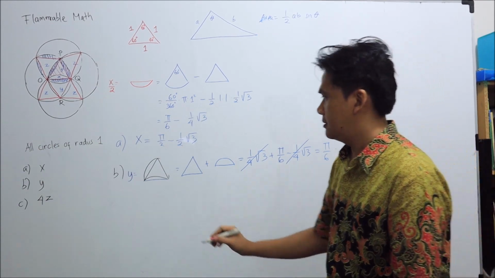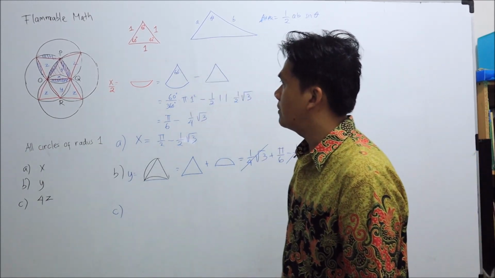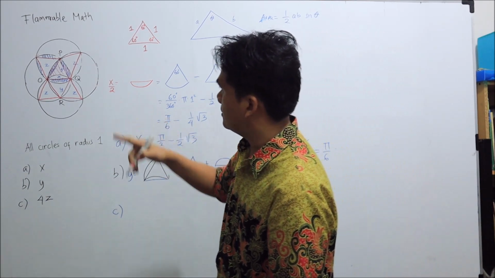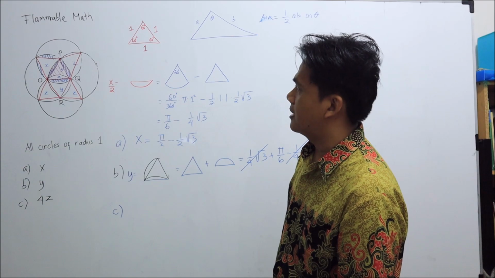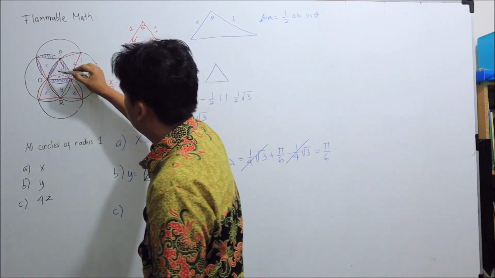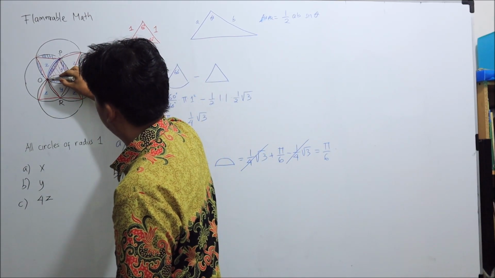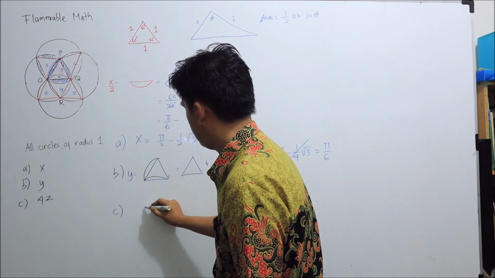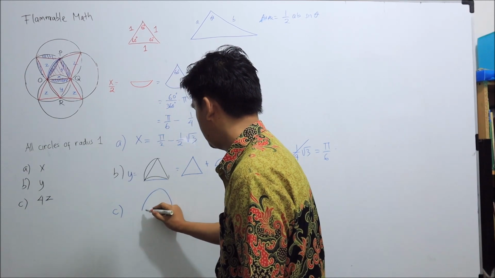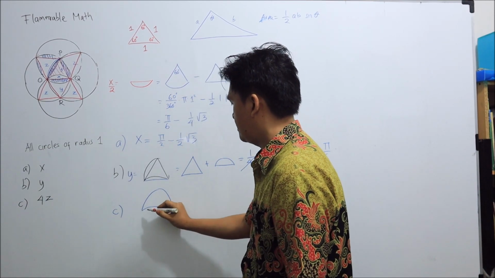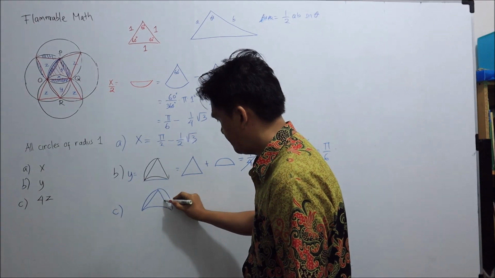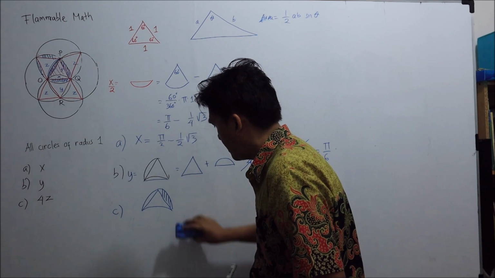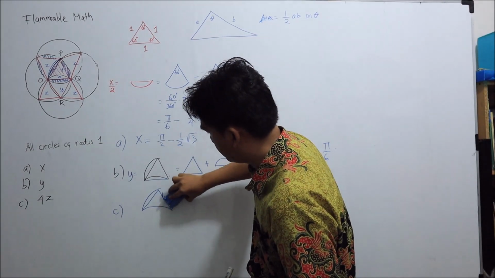Now for the last problem, we are looking for the area of Z. Notice Z is exactly the same as Y. So Z is this one, and that's exactly Y. You can see that Z is like this. So we have the triangle, remove this circle segment, and fill it to the bottom of the triangle.